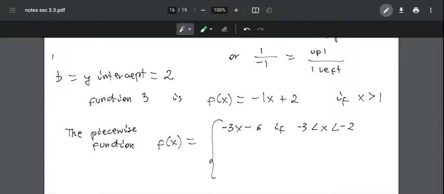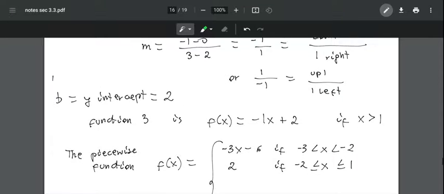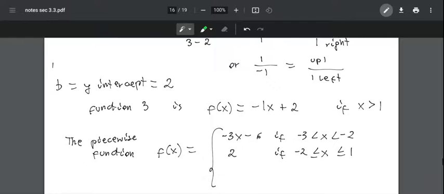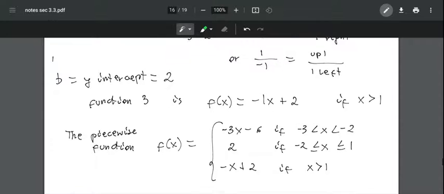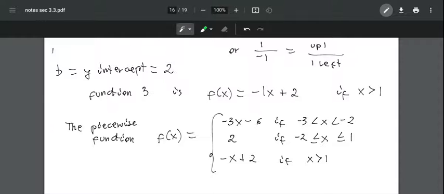So that's y equals 2 if x is greater than or equal to negative 2 but less than or equal to 1. And the last one, function 3, was negative x plus 2 and only works for x greater than 1. So we create a piecewise defined function. We find the equation of each piece and then we put it together.